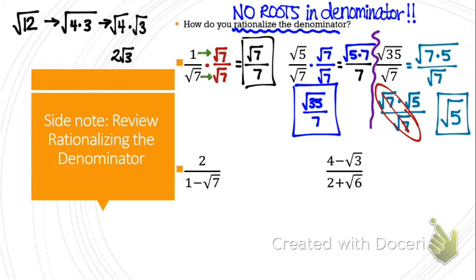All right. So those are the ones up on the top when I have a single radical in my denominator. What about if I have a sum or a difference where one piece is a radical? How do I rationalize the denominator? Wouldn't you still just focus on the radical? Let's try it.